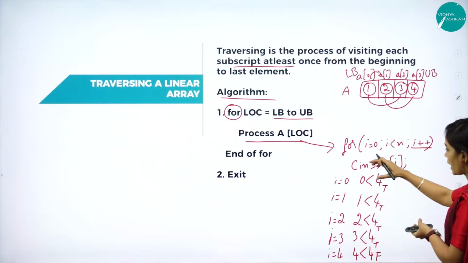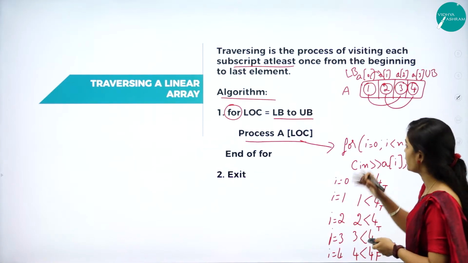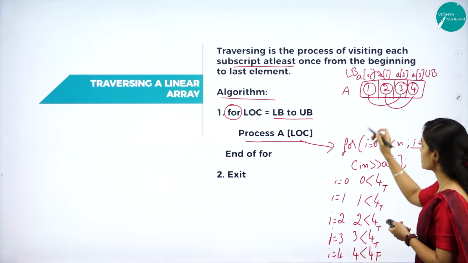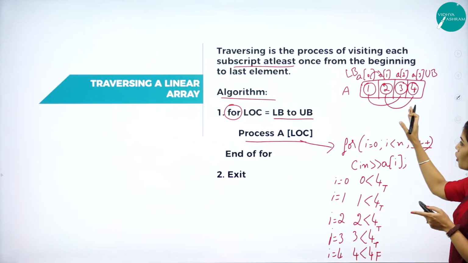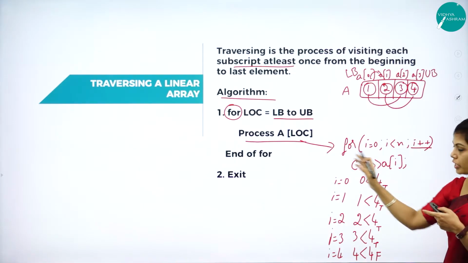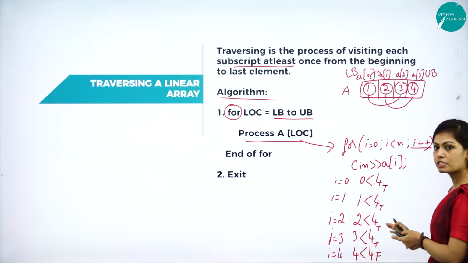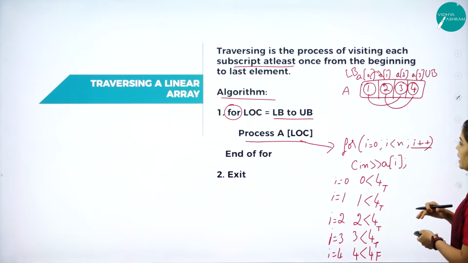After scanning these elements, it will print the elements. We have 4 elements. Here you can observe, it accesses each element of the array exactly once. This process is called traversing. So here it scans all the elements. Here the condition is false means it is end of for. After that it will print the elements.